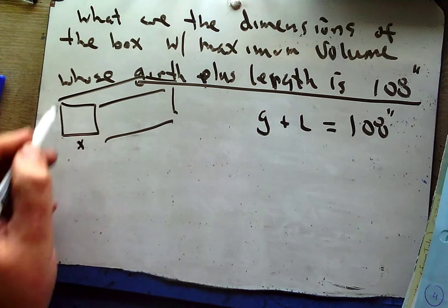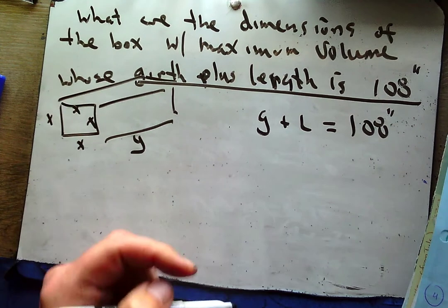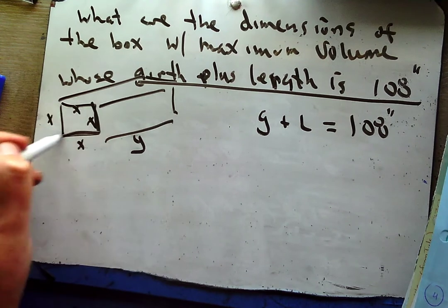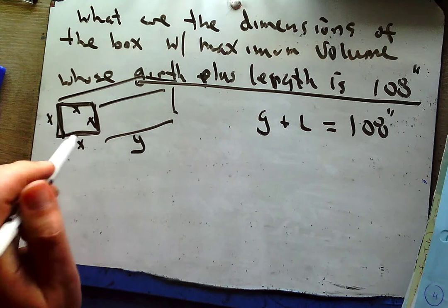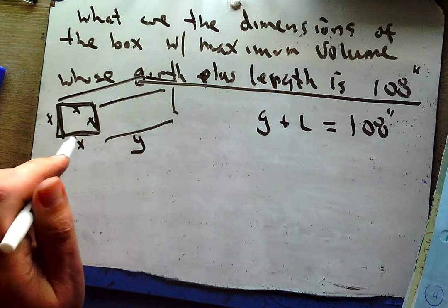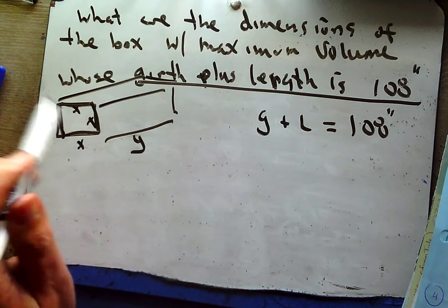Now, I know that each of these is x and this is y because it's in the picture. And so I can say girth is the perimeter of the cross-section. And guess what? You learned that last year when we did this problem the first time. You learned it again when we did it the second time in the polynomials unit. And now you've forgotten it again.